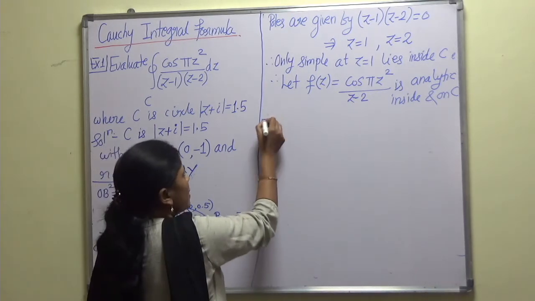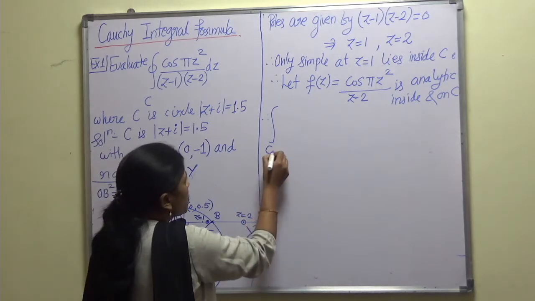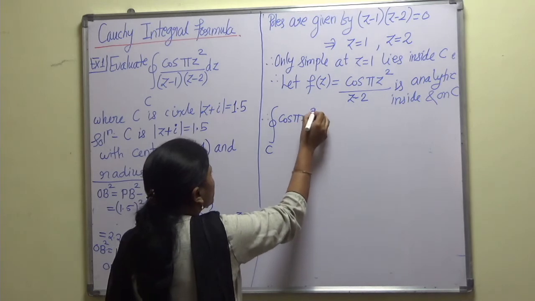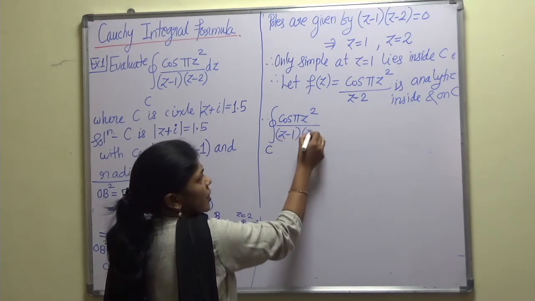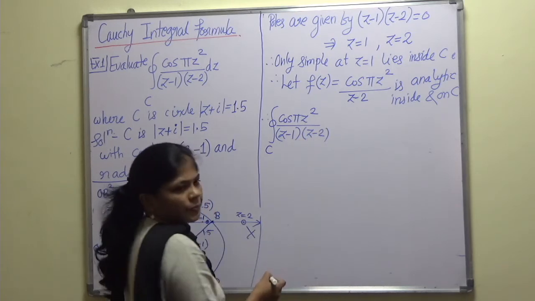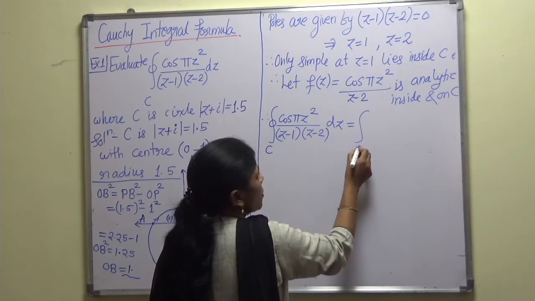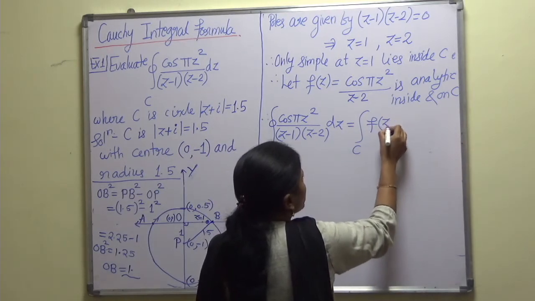So let us write the given integral in terms of f of z. Therefore the integral over C of cos pi z square upon (z minus 1)(z minus 2) equals the integral over C of f of z upon z minus 1 dz.